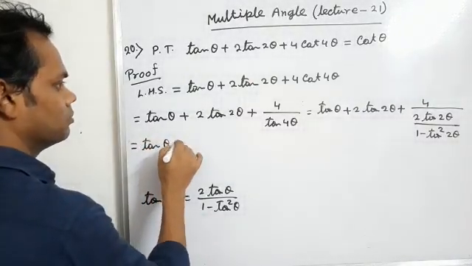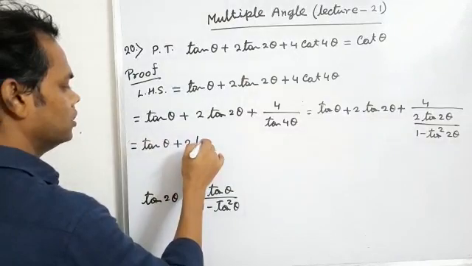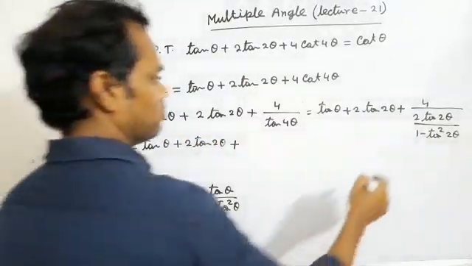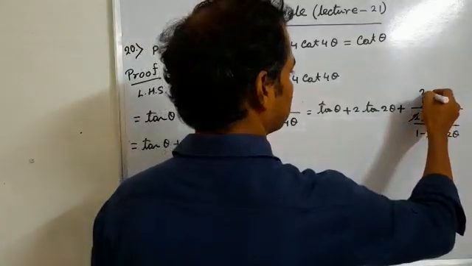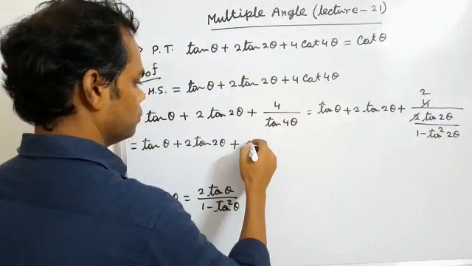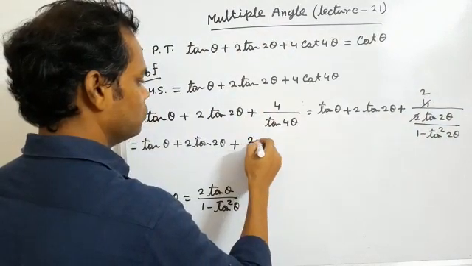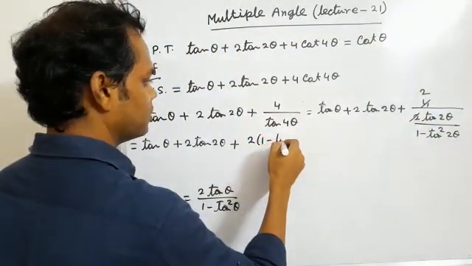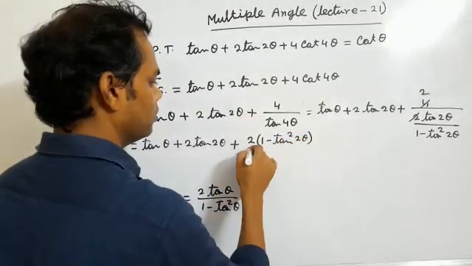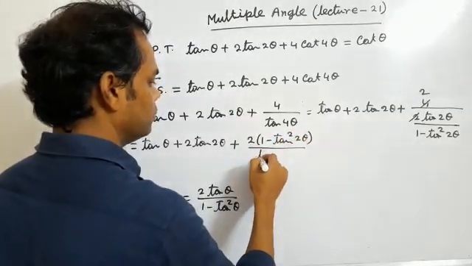Tan theta plus 2 tan 2 theta plus, 2 and 4 cancel each other, 4 divided by 2 is 2. So in the numerator part it becomes 2 into 1 minus tan square 2 theta by tan 2 theta.